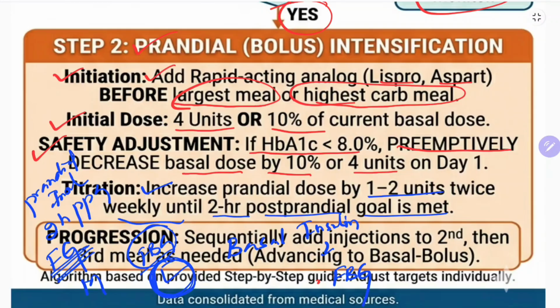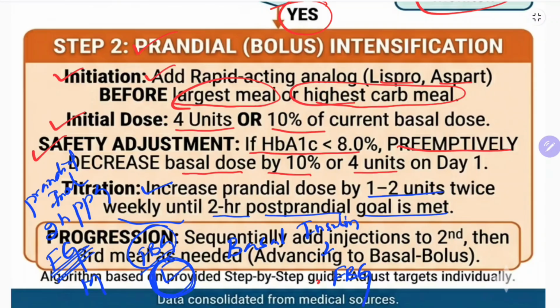Either you can see the 2 hours post-prandial glucose level and titrate the prandial insulin level, or you can see just before lunch, meaning the next meal fasting blood sugar level.